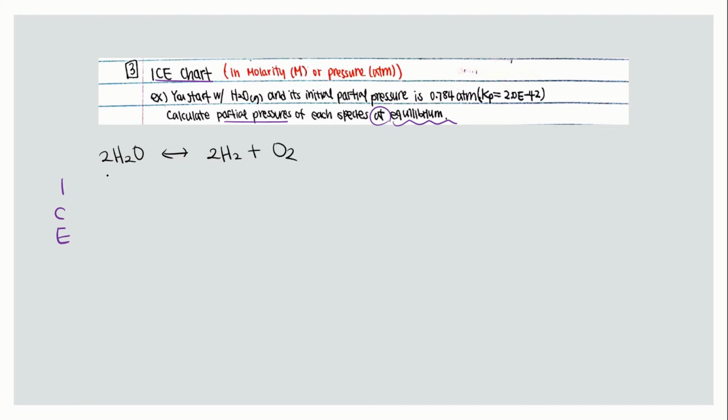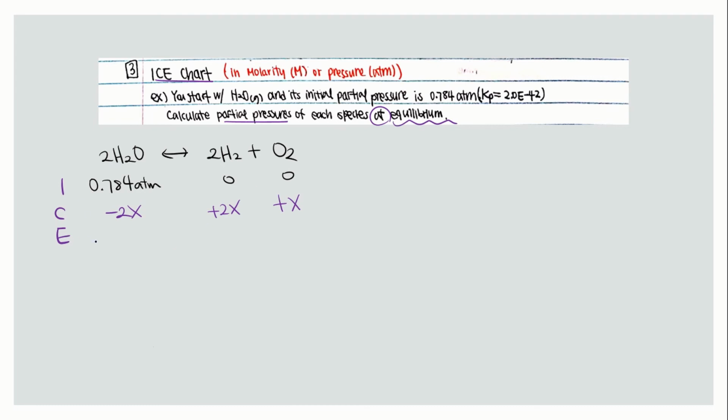And it says the initial partial pressure of water was 0.784 atm and 0 for both products. For change, it would have to be negative 2x for H2O because it is the reactant and it has a coefficient of 2, plus 2x for H2 and plus x for O2.